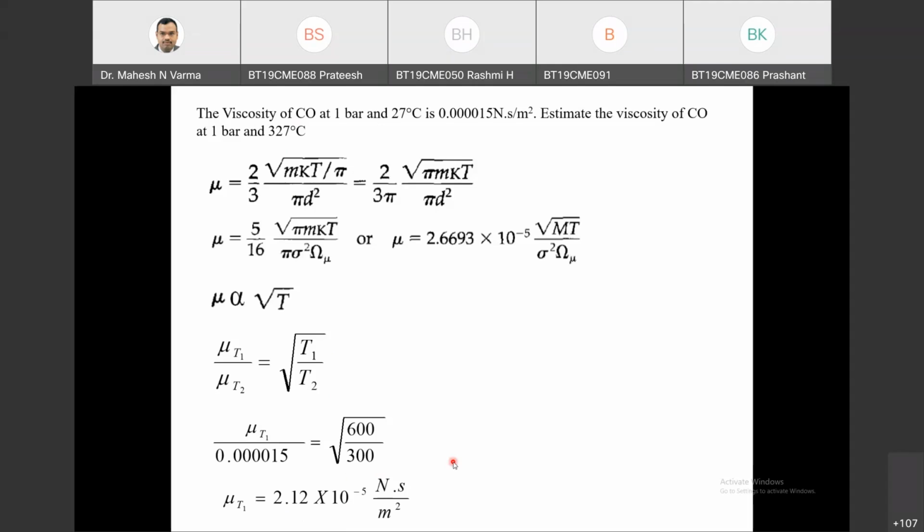So at least you will know how to estimate viscosity. And the same thing we have done for transfer coefficients also: heat transfer coefficient, mass transfer coefficient and momentum transfer coefficient. Same thing we have done. We have not gone into details of these equations.